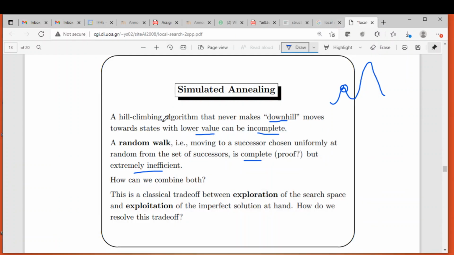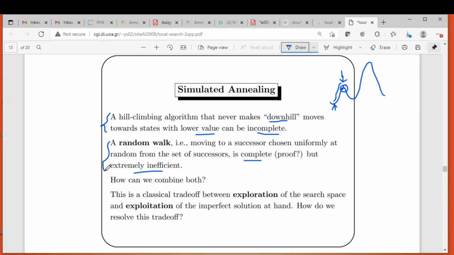As per this statement, the algorithm will never do downhill movement. It will always try to move uphill. So if the algorithm started from this point, it will perform uphill and reach here. But after that, it will be stuck here because the algorithm is refusing to do any downhill movement. This is one extreme case.